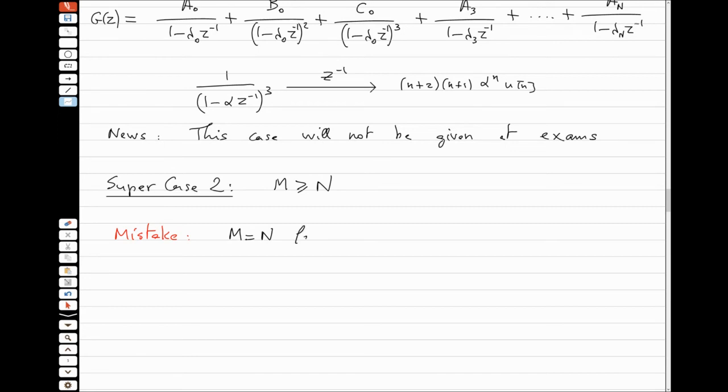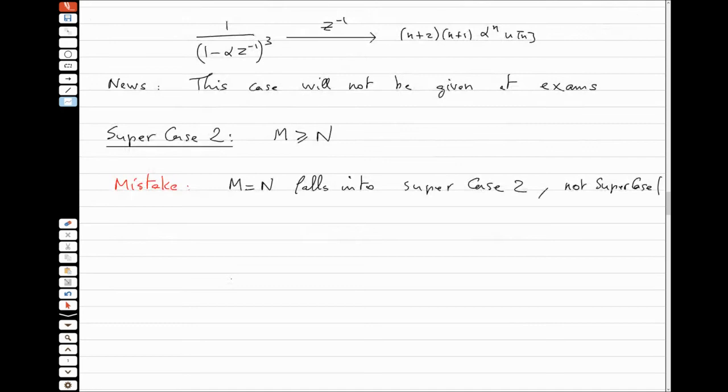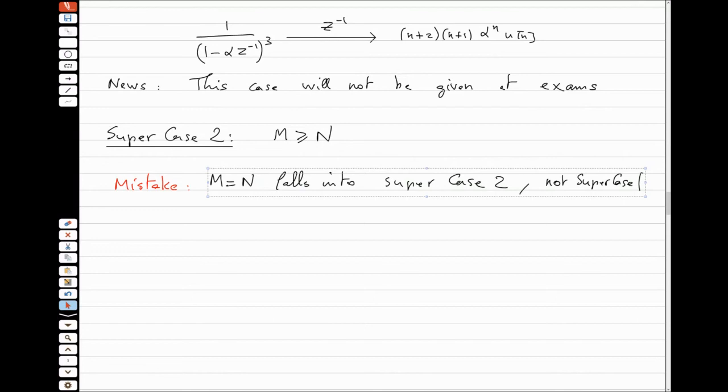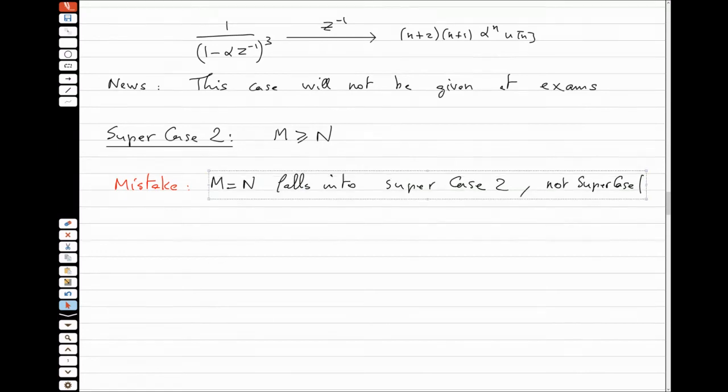That falls into super case 2, not super case 1. That's a typical mistake. Sometimes a third of the class, when I give m equals n, just solve it as if it was super case 1.